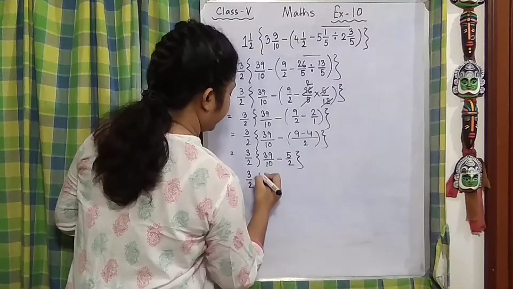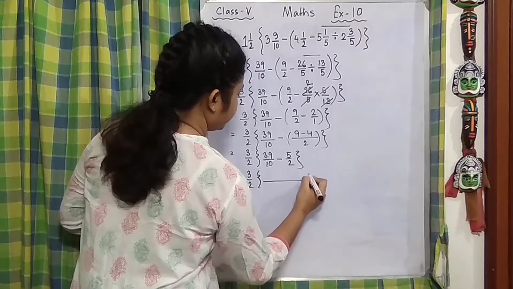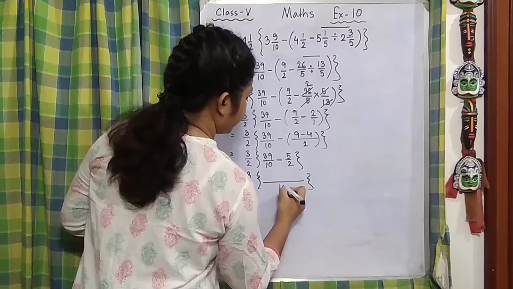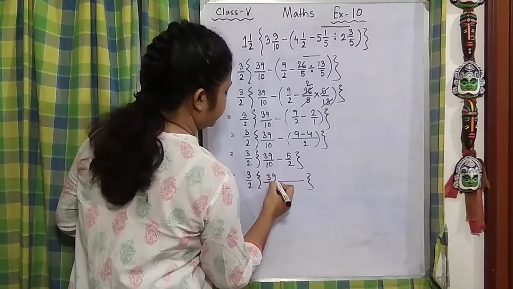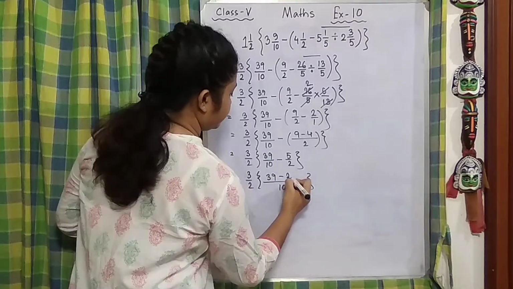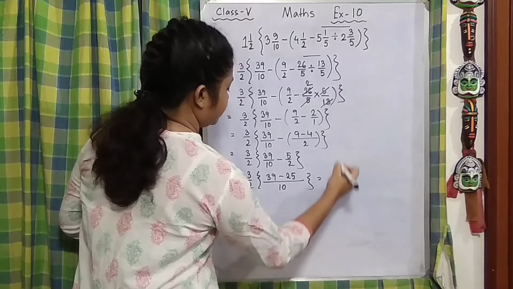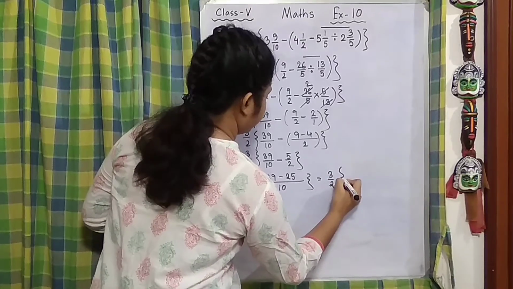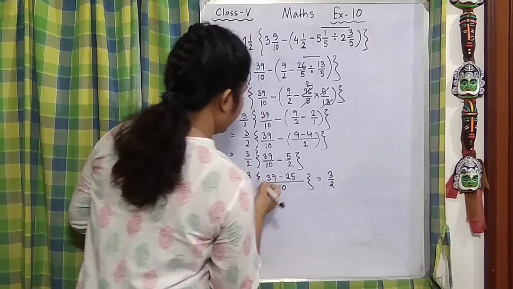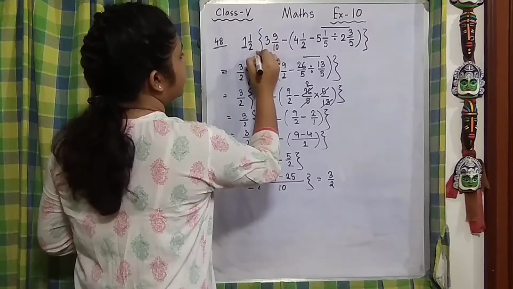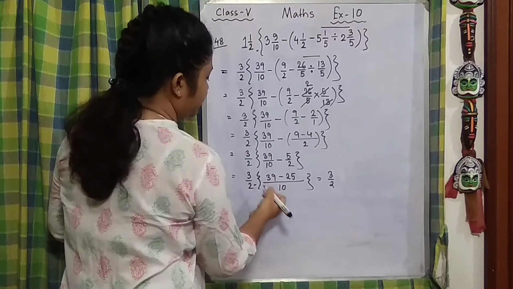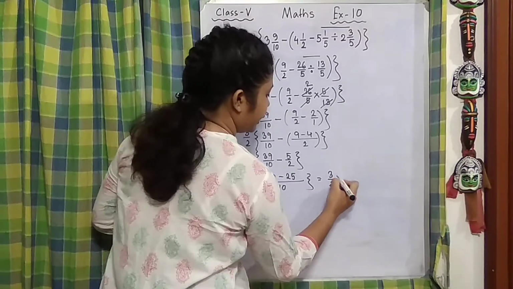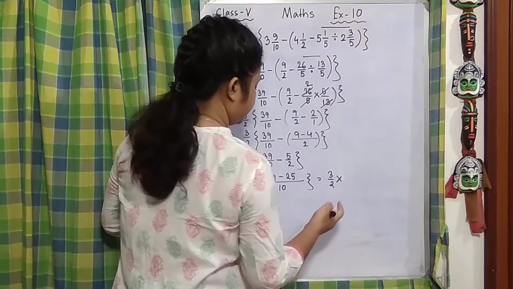Within the second bracket, there is another operation. So here, now as you can see, there is nothing in between 3 by 2 and the second bracket. So it means there is a multiplication hidden inside. Okay.